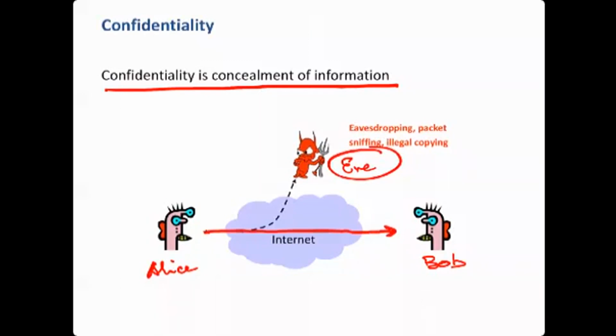Now, she's just curious enough to see what's happening between Alice and Bob, and can eavesdrop and read the emails. So the system should not allow that. Then we can say it's confidential. It should not allow sniffing, it should not allow illegal copying.